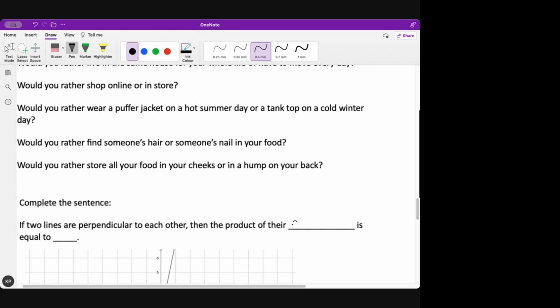Gradients. There we go. The product of their gradients is equal to -1. Are you with me?